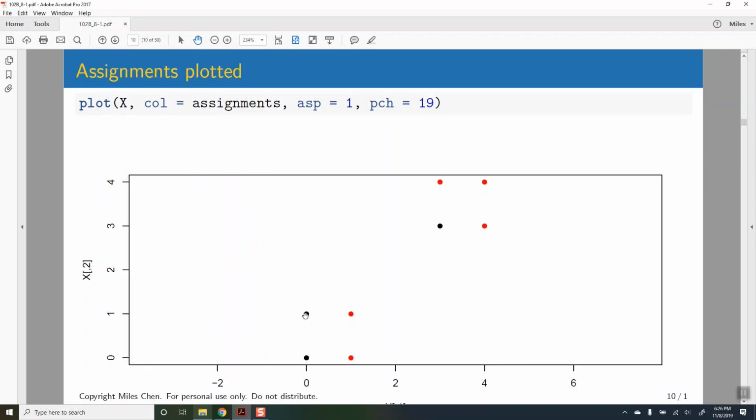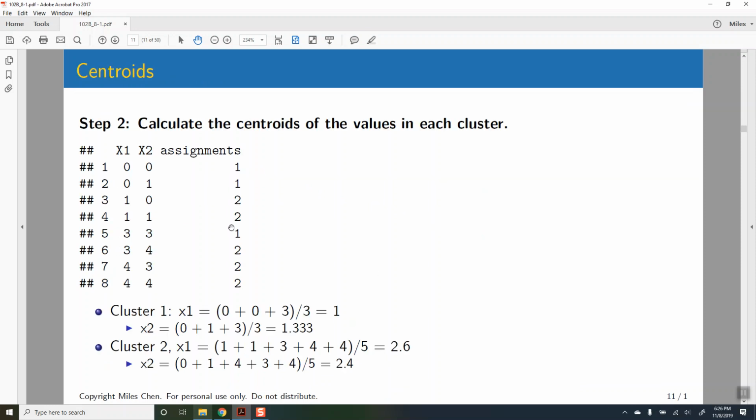We have 0,0, 1,0, and 3,3 assigned to cluster 1. So the center of cluster 1: for x1 we add 0 plus 1 plus 3, those are the points that belong to cluster 1, and take the mean, and we get 1. For the other variable, x2, we have 0, 0, and 3, and we take the mean of those 3 and get 1.33.